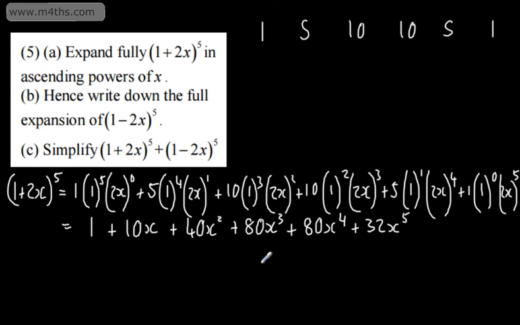In part B it says hence write down the full expansion of (1 - 2x)^5. This is telling me not to go through this process again, but it's simply now asking me to consider what's going to happen if we have the negative here. When we have a negative and an odd power, so in this case 1, 3 and 5, the answer is going to be negative.